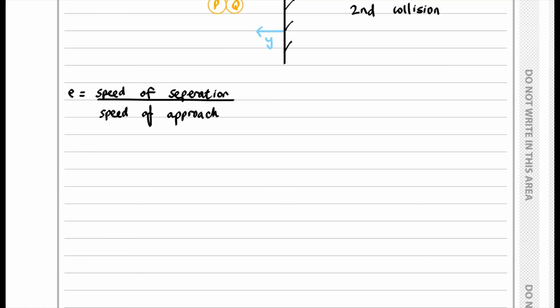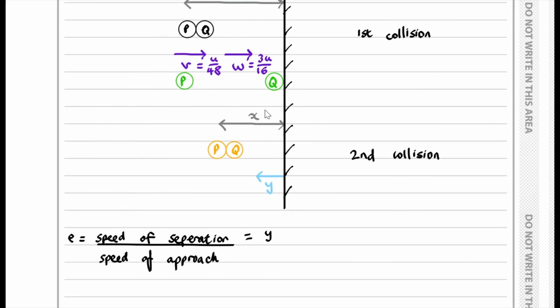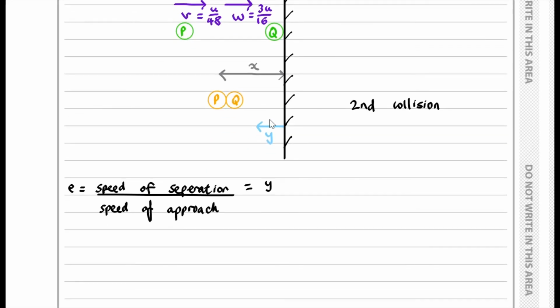So we've got the speed of separation, that's y, and the speed of approach, that's w. Okay, hopefully all that makes sense. So we've got w over here, and therefore we can set this equal to 1/3.